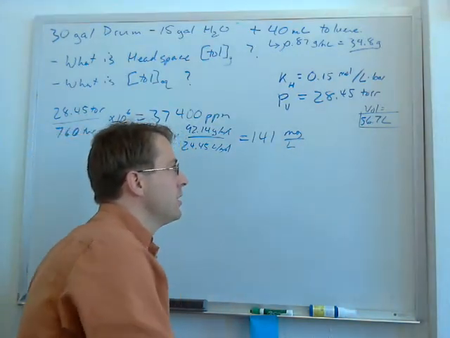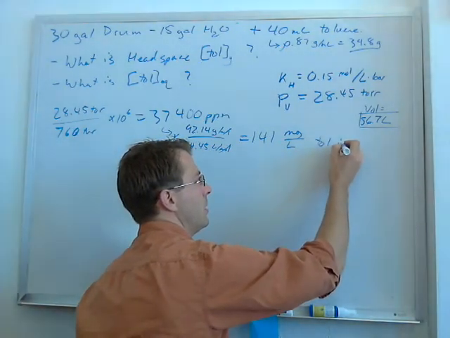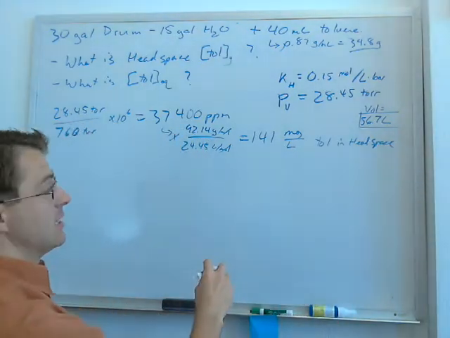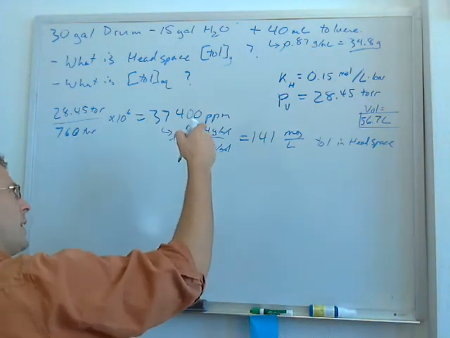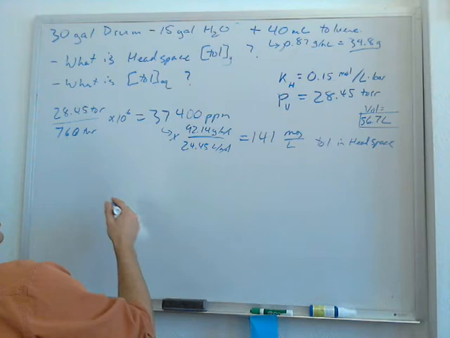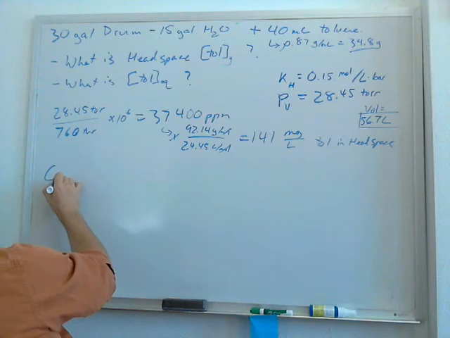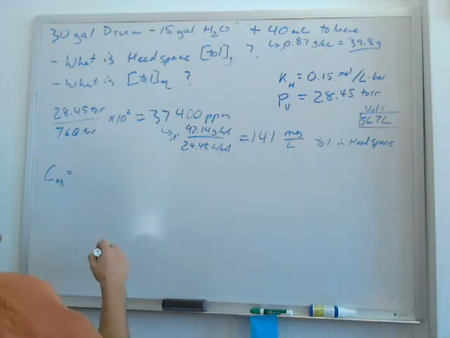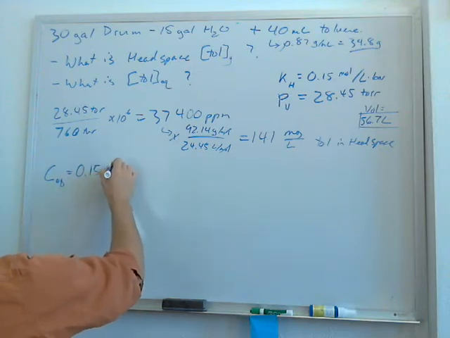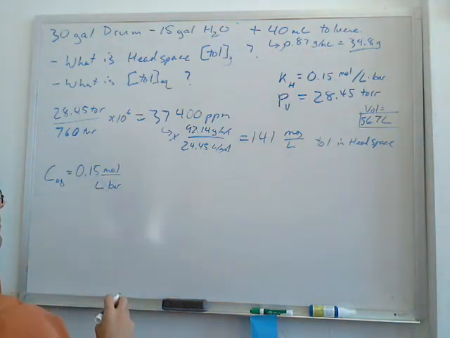All right, so at saturation, this is our concentration in the air, toluene in the headspace. And we can then use this pressure here and Henry's law to calculate what the concentration will be in our solution. So the concentration aqueous is going to be equal to Henry's law constant, which is 0.15 moles per liter bar.